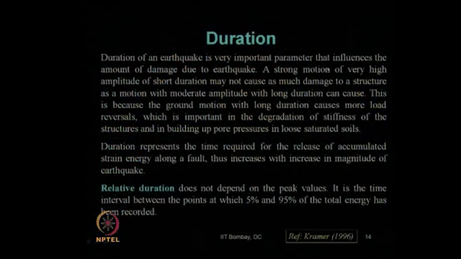The duration of an earthquake is a very important parameter that influences the amount of damage. A strong motion of very high amplitude and short duration may not cause as much damage to a structure as a motion with moderate amplitude and long duration can cause.